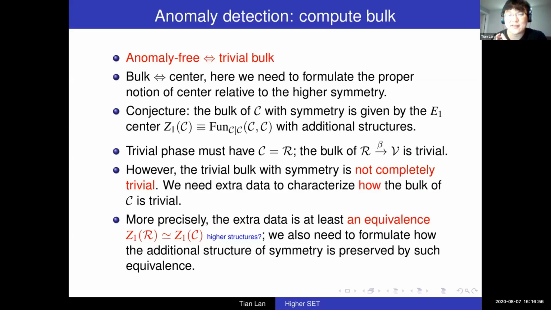And in this talk, I will mainly discuss this top level equivalence, the braided functor from the center of R to the center of C. Higher structures are basically open problems, but I will touch on them a little bit. And besides this equivalence, the data, we also need some conditions. We need to formulate how the additional structure of symmetry is preserved by this equivalence.